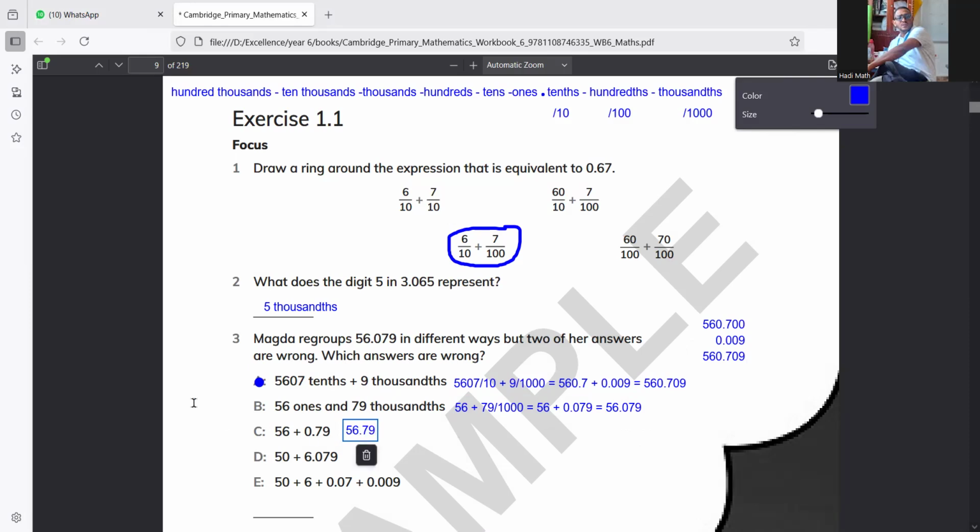As I told you before, when you want to add a number that has no decimal to a decimal number, you make it 56.00, and then you write the other number under it. You add 0 plus 9 is 9, 0 plus 7 is 7. Then you put your decimal point, then 6 plus 0 is 6, and then 5 plus 0 is 5. So if you see this one, this is also not correct.